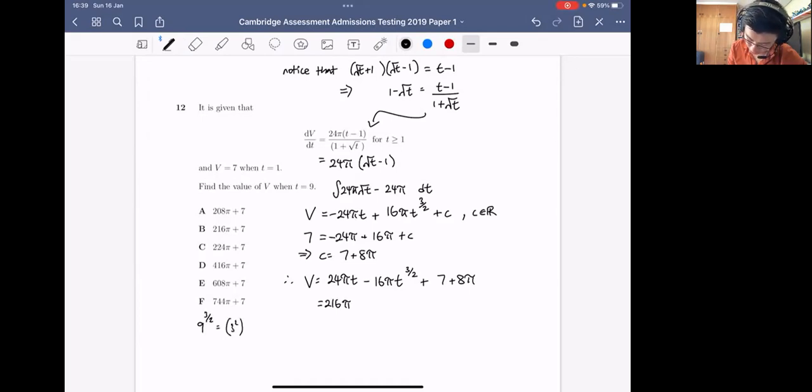So 9 is 3 squared. The 2's cancel out, so that's 3 cubed. So that's 27. Then 27 times 16 is 432. So minus 432 pi plus 7 plus 8 pi.